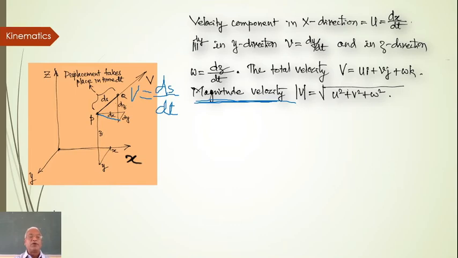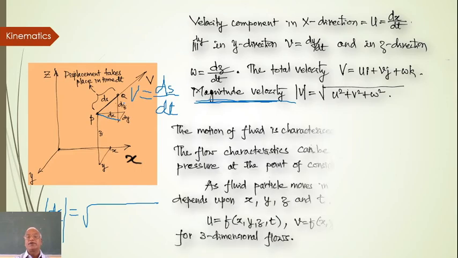So if I want to find the magnitude of ds, I have to do the square root of dx squared plus dy squared plus dz squared. Okay. Similarly, the magnitude of velocity V will be equal to the square root of u squared plus v squared plus w squared.